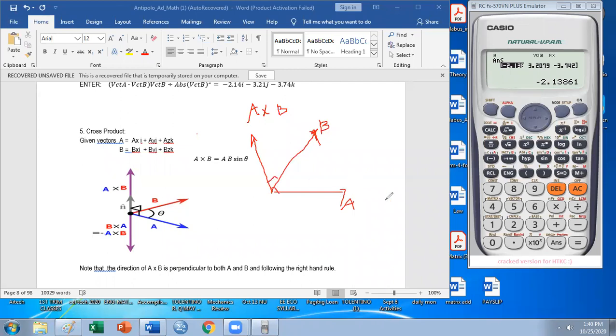Following the right-hand rule, curl your right hand from A to B. Where your thumb points is the direction of A cross B. When you curl your hand like this, your thumb points downward. Note the direction of A cross B is perpendicular to both A and B following the right-hand rule.